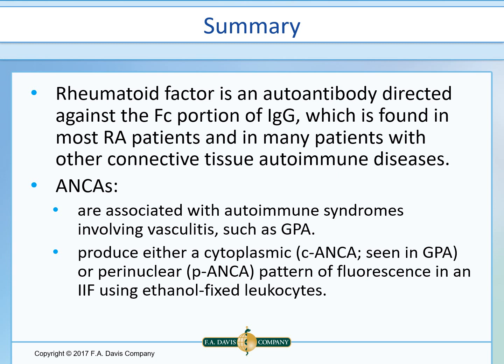ANCAs are associated with autoimmune syndromes involving vasculitis, and particularly Wegener's granulomatosis, and these produce either a cytoplasmic C-ANCA or perinuclear P-ANCA pattern of fluorescence in indirect immunofluorescence using ethanol-fixed leukocytes.